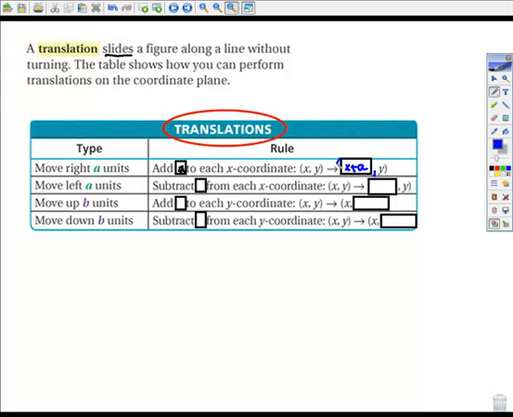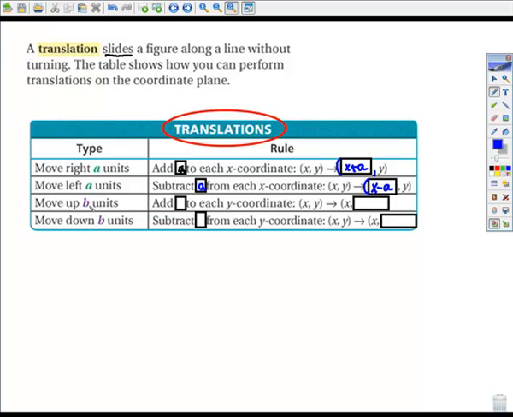That's our new coordinate. If we move it a units to the left, we subtract a from each x coordinate because the x moves it left and right. So the original x, y becomes x minus a, comma y.